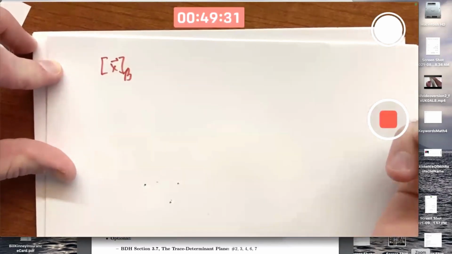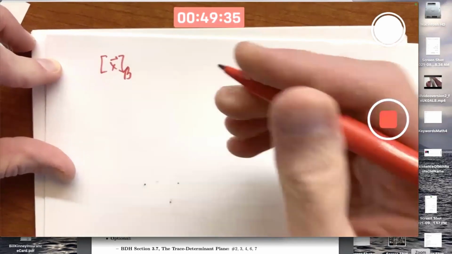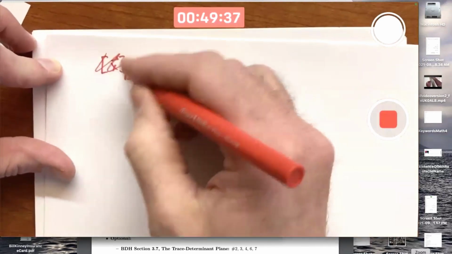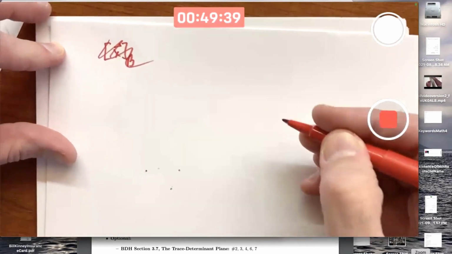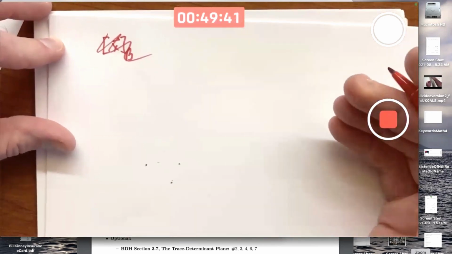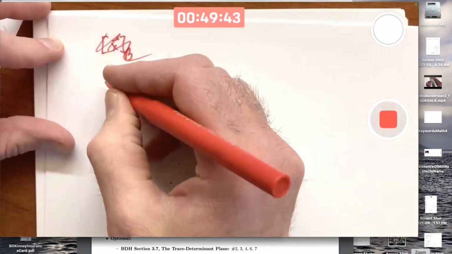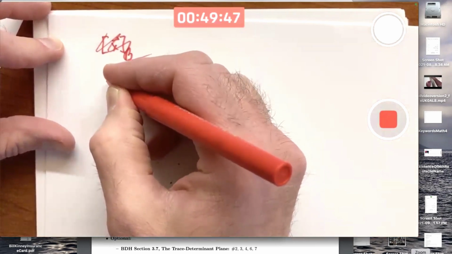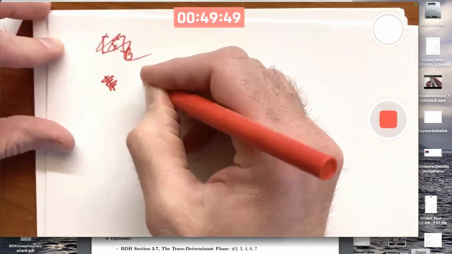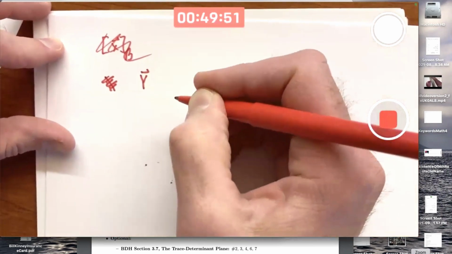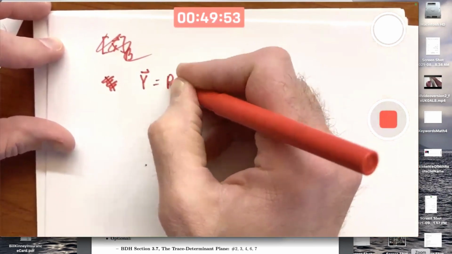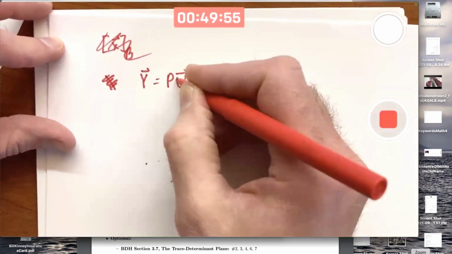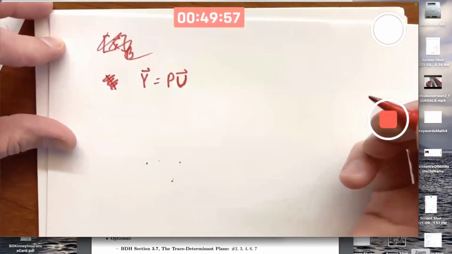What I'm going to do is think in terms of the new variable. And I always remember that the old variable, which in this context I should call y, is P times the new variable, Pu.